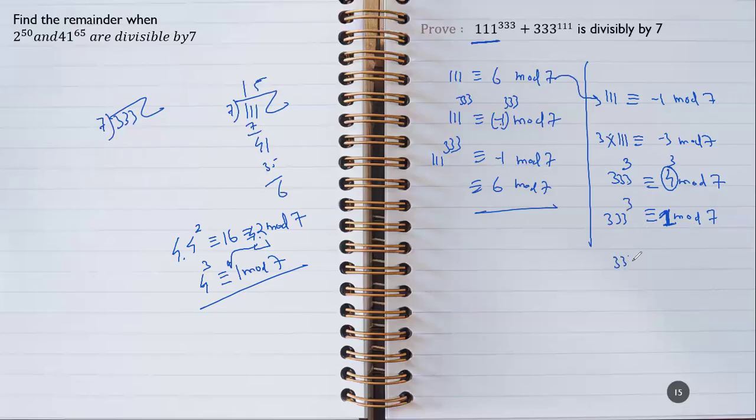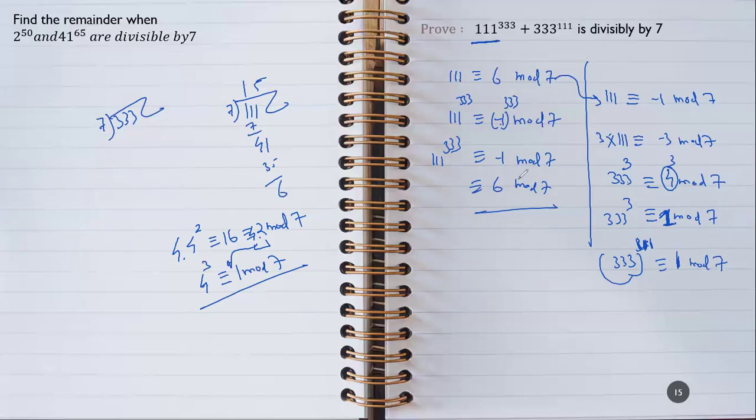And if I multiply by any power, since 3 raised to the power 3 is basically making it 1, then 1 does not matter. So 3333 to the power 1111 will also be 1 mod 7.